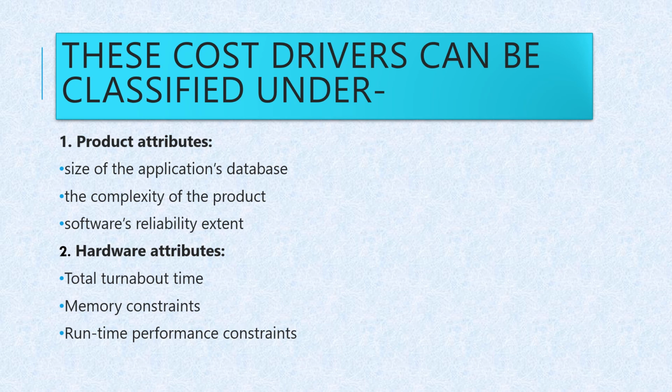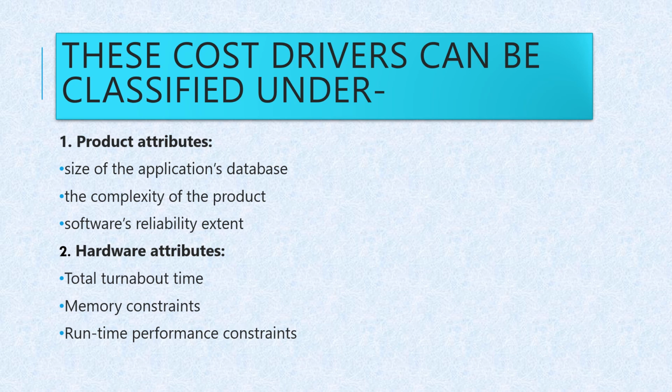These cost drivers can be classified under product attributes, hardware attributes, project attributes, and personnel attributes. In product attributes, there are 3 points: size of application database, complexity of product, and software's reliability extent.